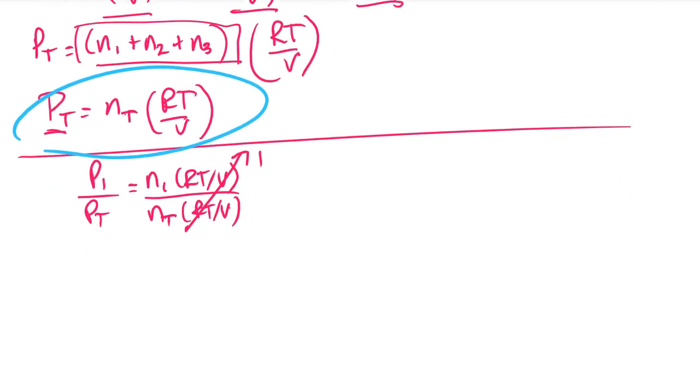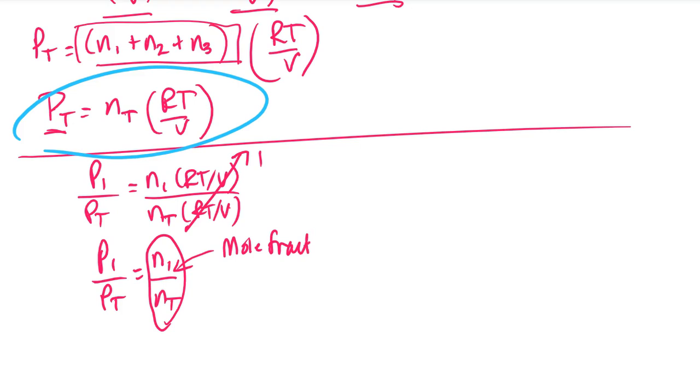So that means that the ratio of the partial pressure of the first component divided by the total pressure is equal to the ratio of the number of moles of the first component divided by the total number of moles of the mixture. This ratio, N1 over NT, we can refer to as the mole fraction of component 1.